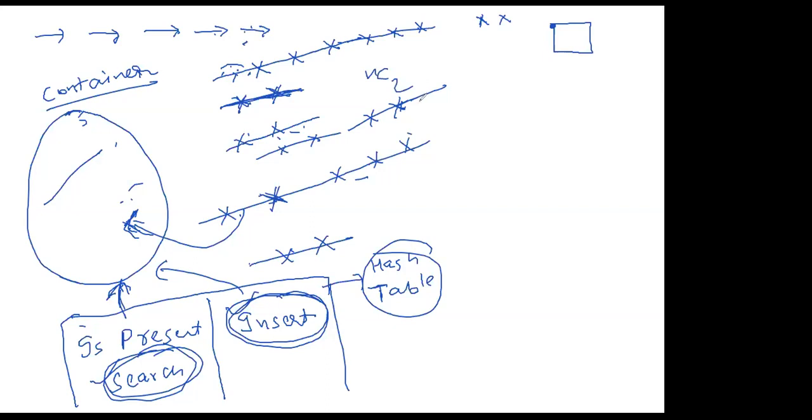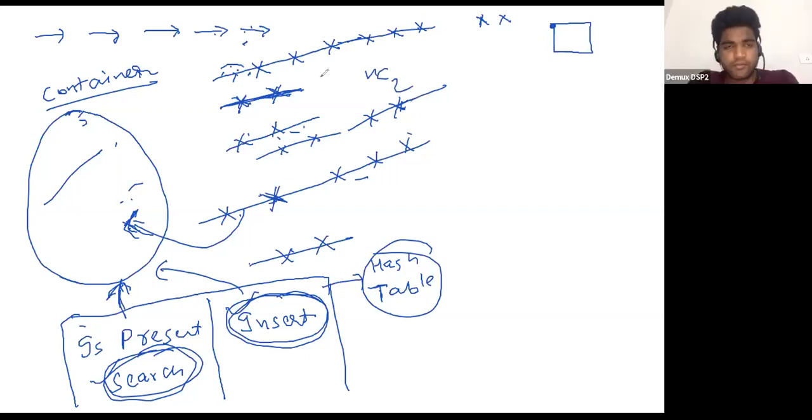Isn't this supposed to be O of 1 if we are using hash tables? No. With this algorithm, what will happen is, what was this algorithm? You have a line, you will enumerate a line for a pair of points, and then you will check for the other points whether they lie on this line or not.